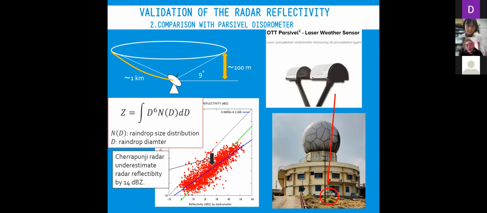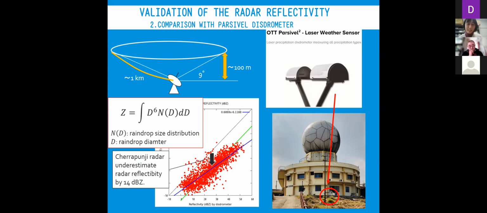Conventionally, we think if we install it beside the radar, the radar cannot get the rainfall nearby the radar.